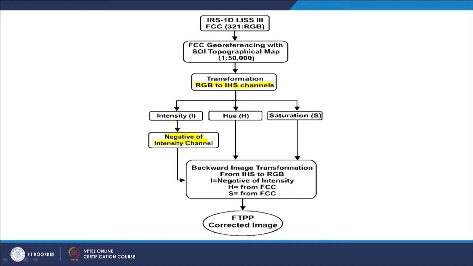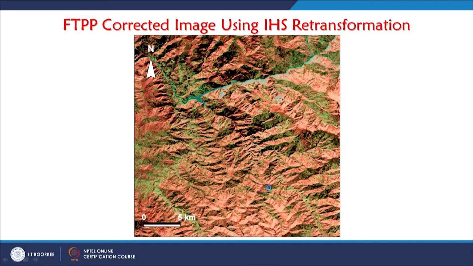And once it is done, then a backward image transformation, that means from IHS to RGB, is done. So, the intensity component is the negative of the intensity image of the original RGB, and hue and saturation remain the same as in the earlier technique. And once it is done, we get rid of FTPP without employing a digital elevation model or a shaded relief model.